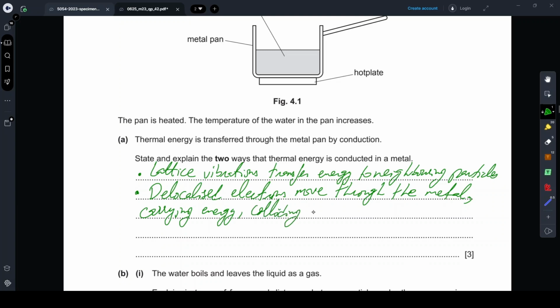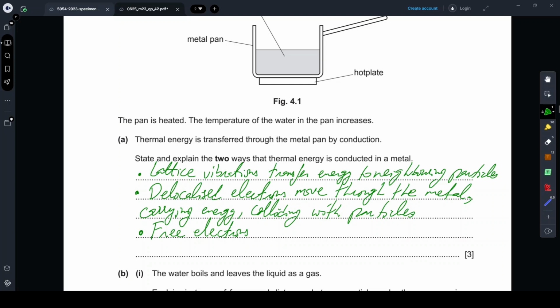Basically, explain it briefly. What they've done is that they've treated the free electrons moving from one part of the metal throughout the other parts as a separate point.